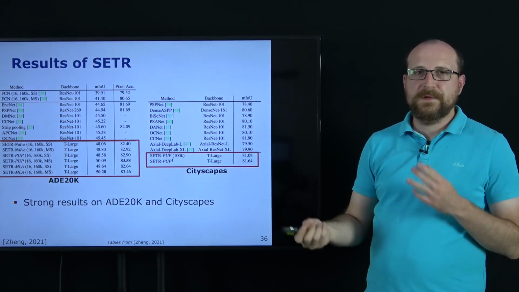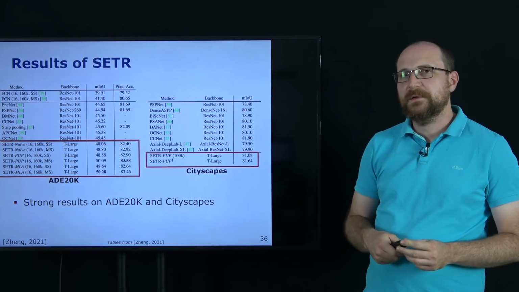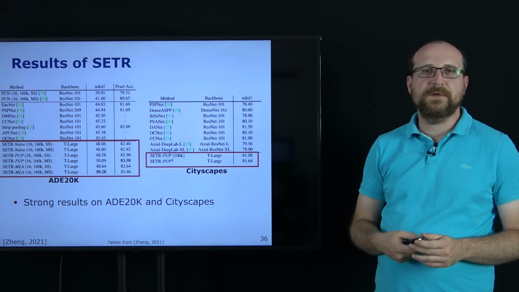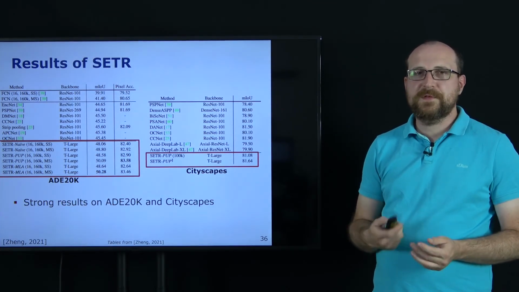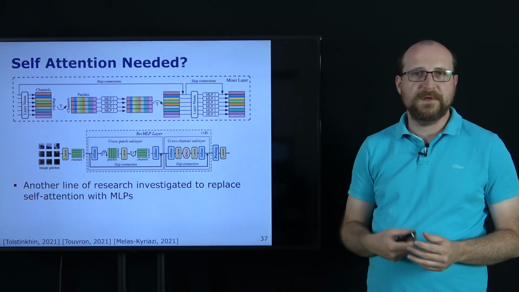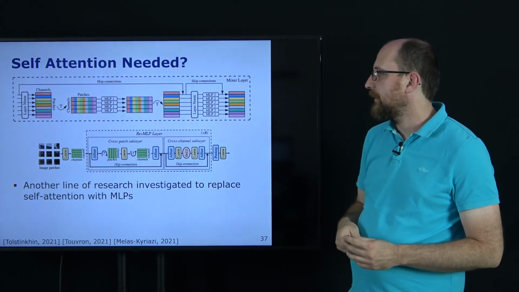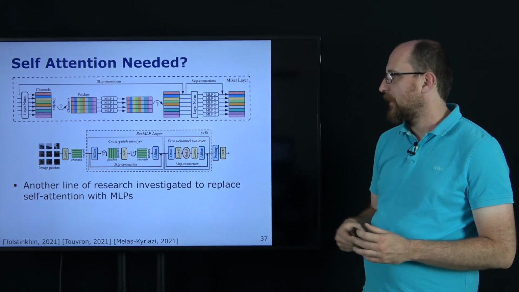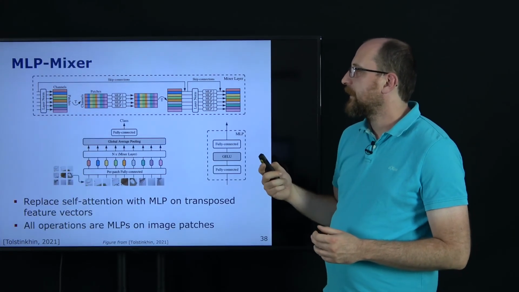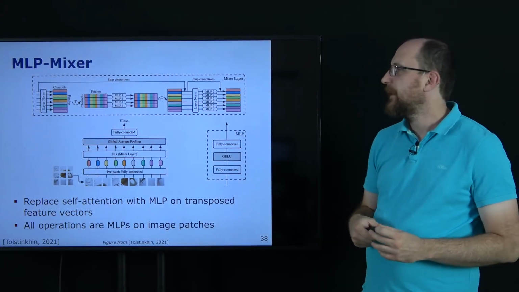But since transformers are now around, people also investigated whether every part of the transformer is essential to achieve these results. And the first thing that people looked at was whether the self-attention is even needed. Concurrently, different groups investigated this idea in a very similar fashion, and here I'm just concentrating on the MLP Mixer.